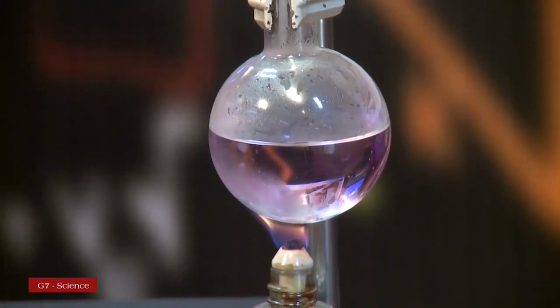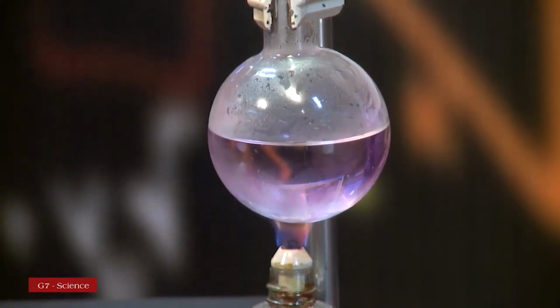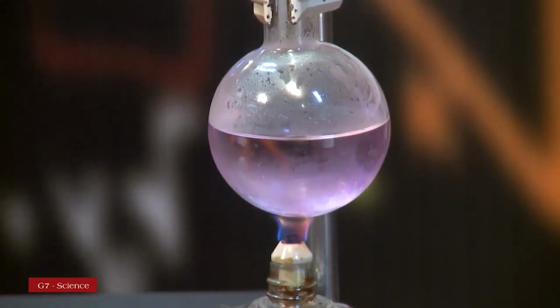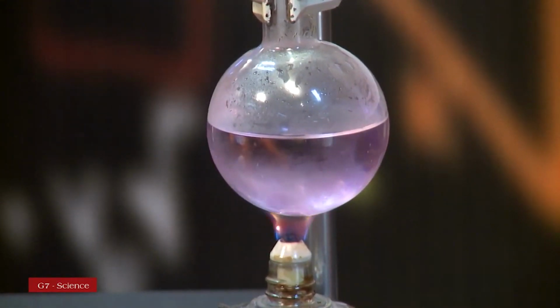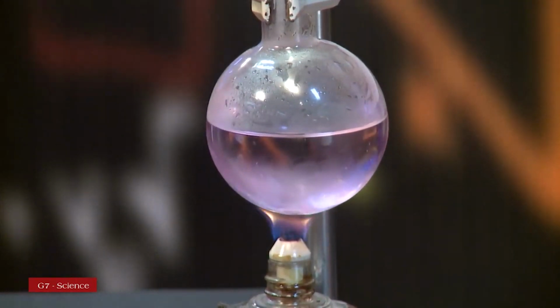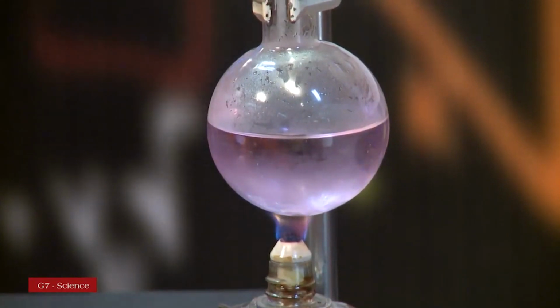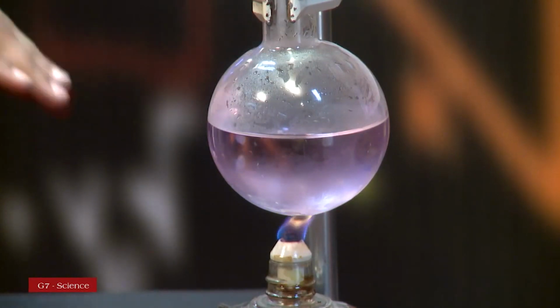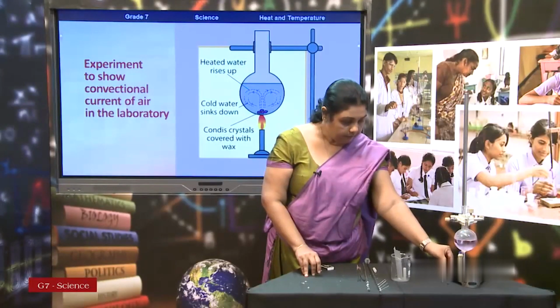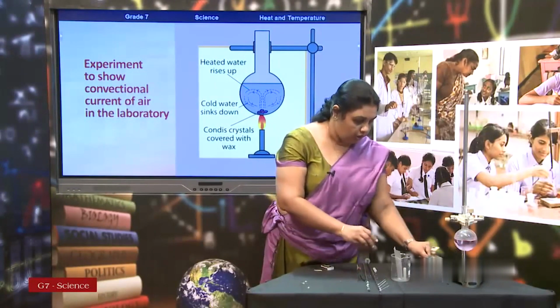When it is getting heated up and it is getting circulated down there, when heat is given more and more. Okay. Then once the whole liquid comes to the same color, it will be the same there. Right. Hope you saw it.